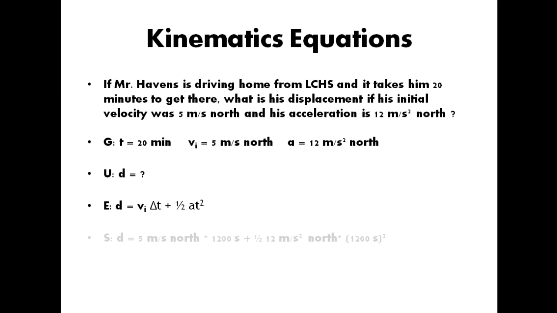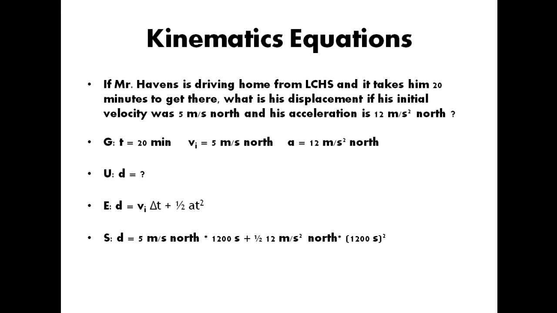So now we're going to substitute. So our displacement is equal to 5 meters per second north times 1200 seconds, because I took 20 minutes, and if you notice I need to convert that to seconds. We'll talk about that in class if you have problems with that. So 5 meters per second north times 1200 seconds plus 1/2 times 12 meters per second squared north times 1200 seconds squared.